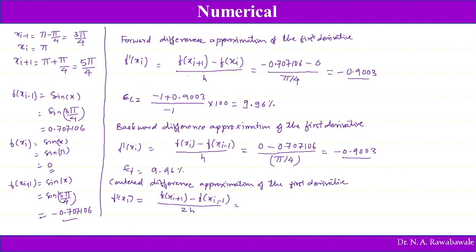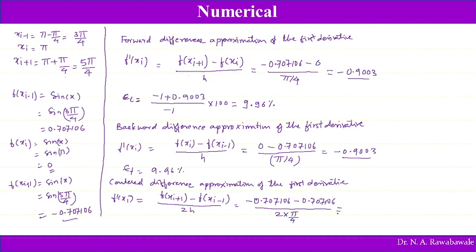So f of xi plus 1 is minus 0.707106 minus of f of xi minus 1, which is 0.707106, divided by 2 into h, where h is pi by 4.